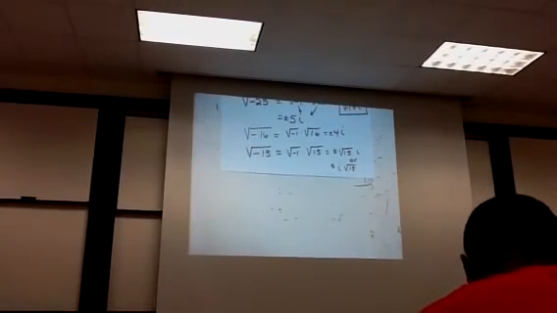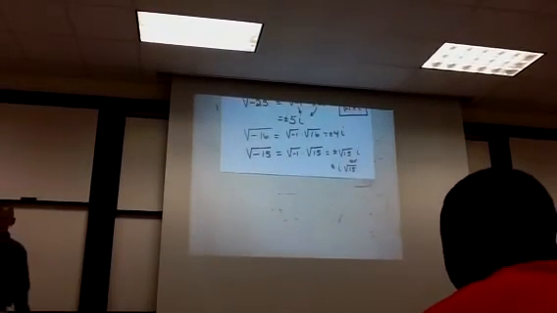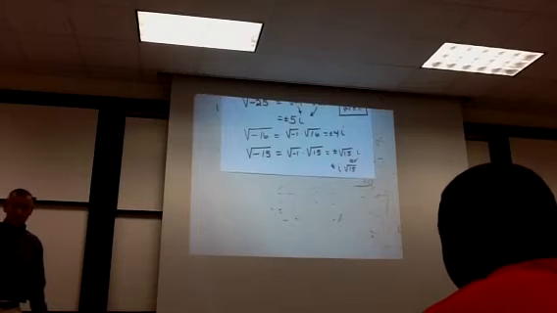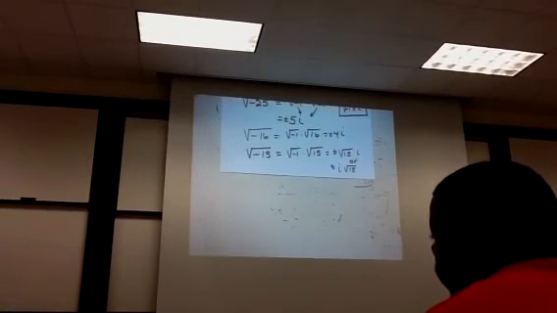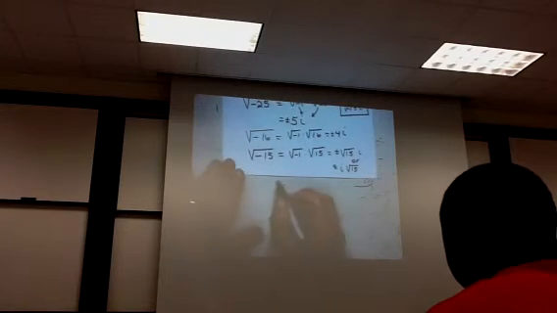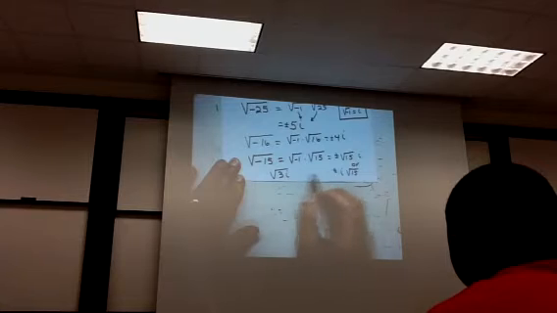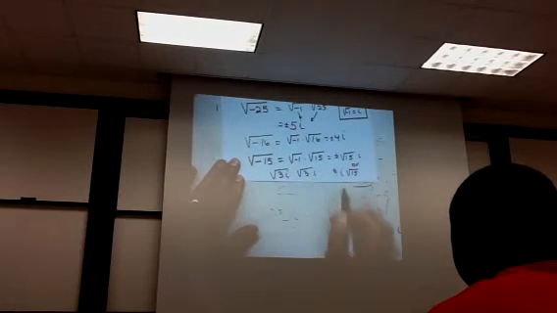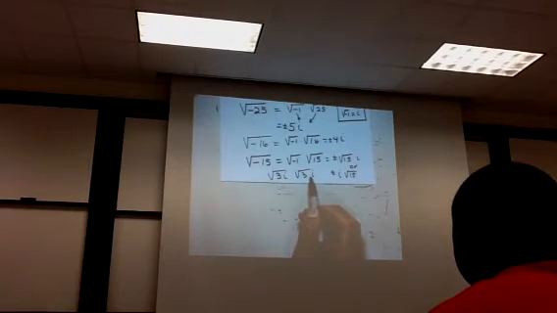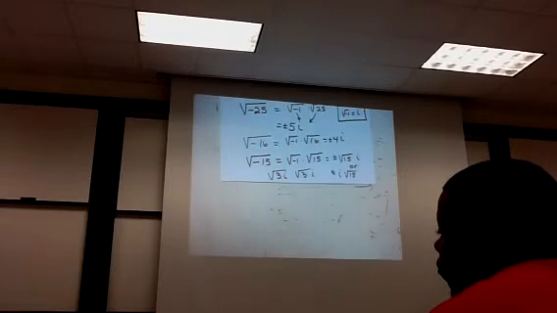Was anybody instructed in your more formative years to put the i before the radical instead of after? Okay. I think WebAssign will allow us to do either, but here's why. If I try to write square root of 3i and let the i slip underneath the radical like that, it's kind of confusing.